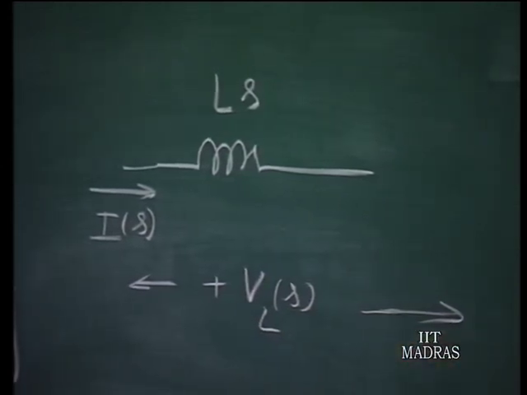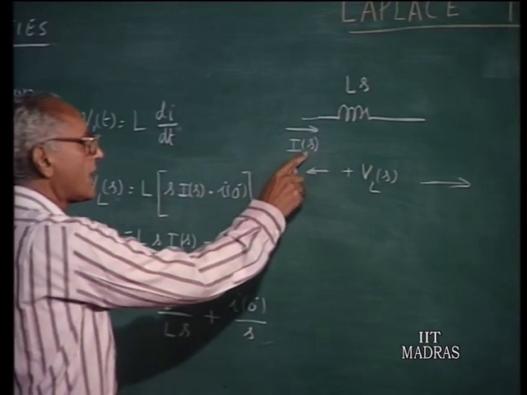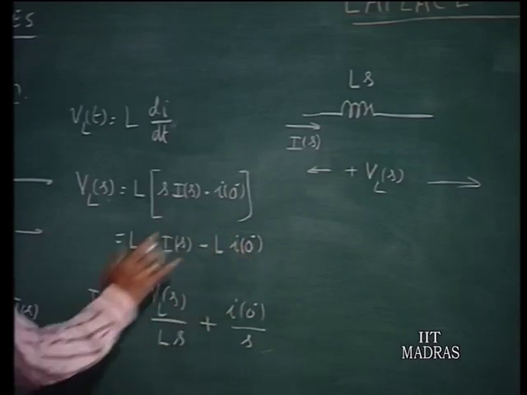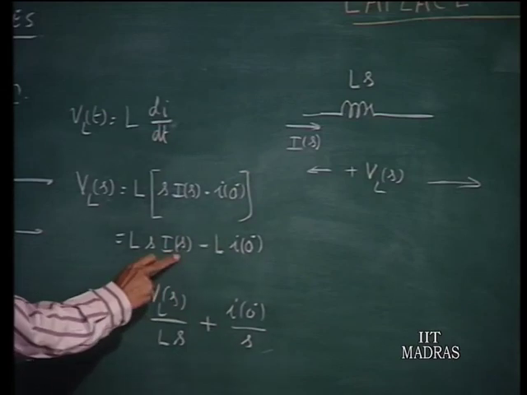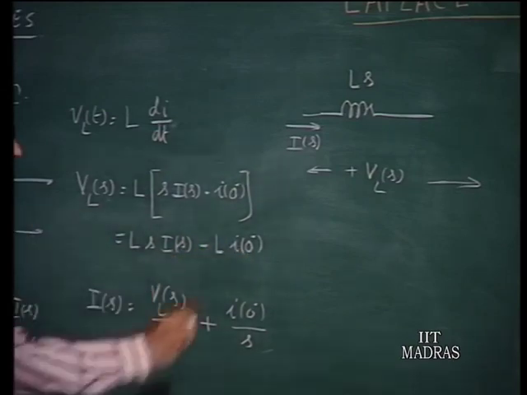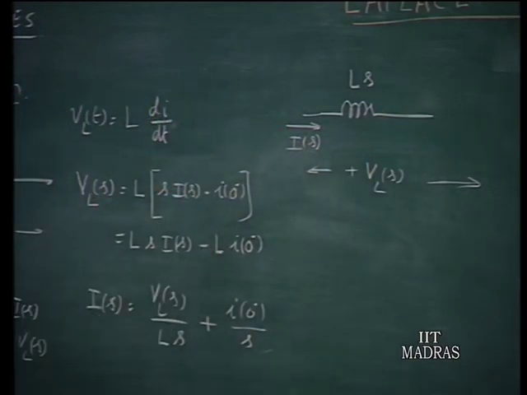We know that V L of S is L S times I of S minus L I0 minus. So this current I S passing through L S will develop a voltage which is L S times I of S in the transform domain. But to complete the picture we must have an additional term here, minus L I0 minus, and this quantity is independent of I of S. So L I0 minus is independent of I of S, therefore there must be an extra voltage here which is independent of I of S, that is equivalent to a voltage source.